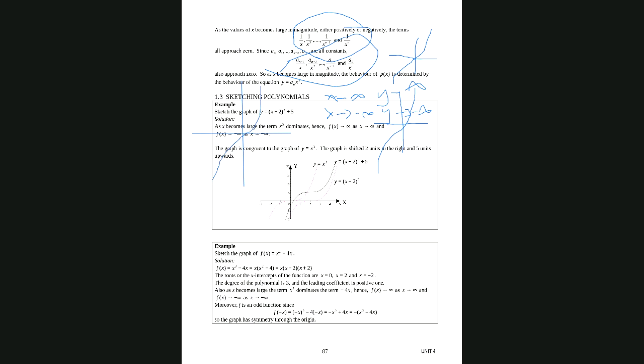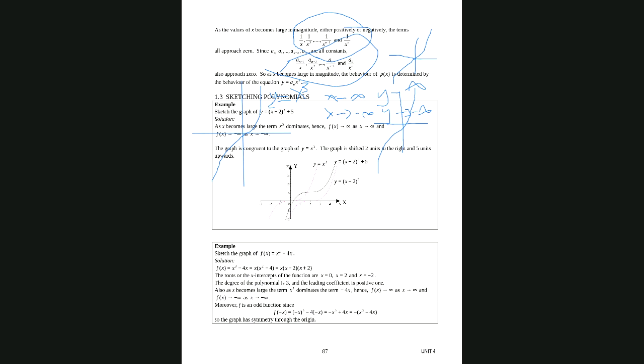But here, y equals x cubed, then we can see that this graph, x minus 2, they have subtracted from the x. So it will move to the right by 2 units. Then it will move up by 5 units.